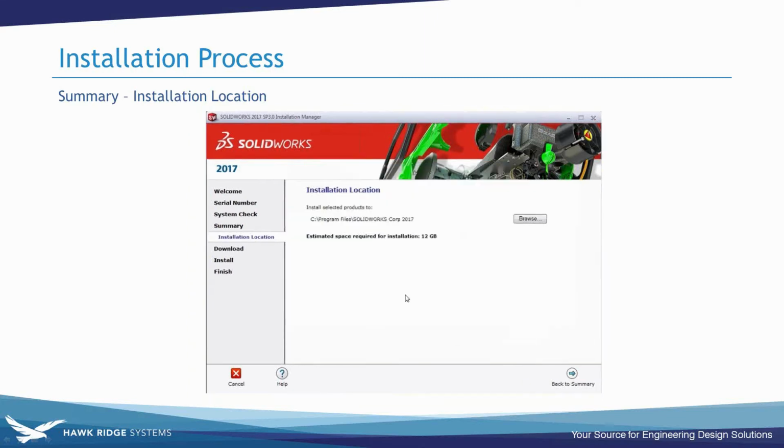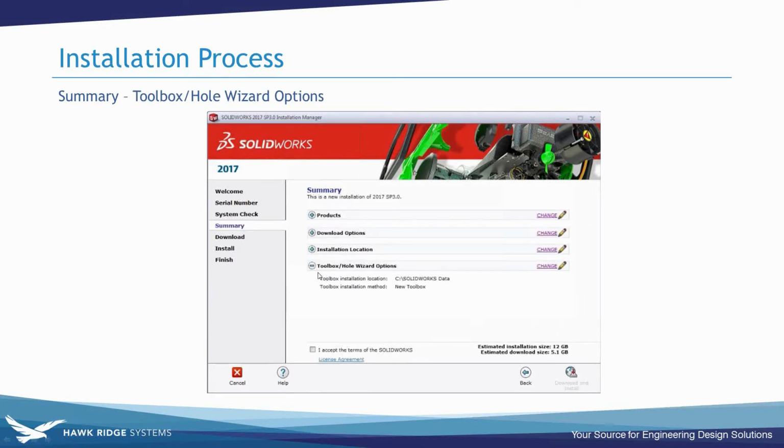Once we select OK, it will update that file path to C:\Program Files\SolidWorks Corp 2017. If you have multiple installations of SolidWorks, this prevents any confusion.